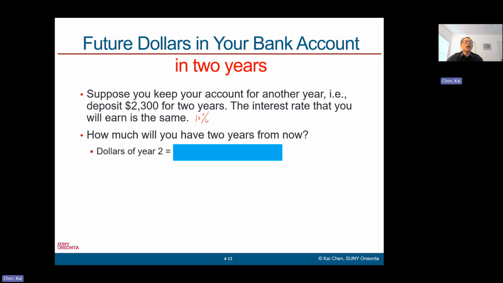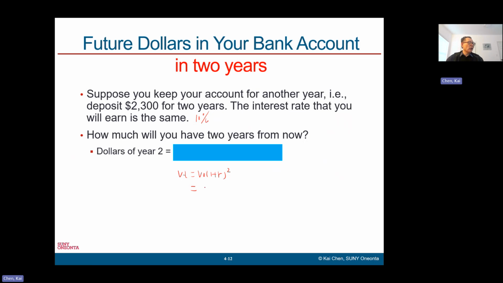Of course, using our formula, VT equals V0 times 1 plus R raised to the second power, because now you hold your investment for 2 years. Now this is a 2-year value growing process.